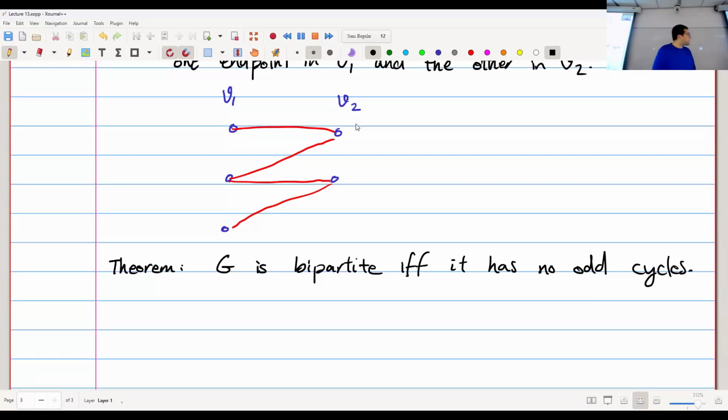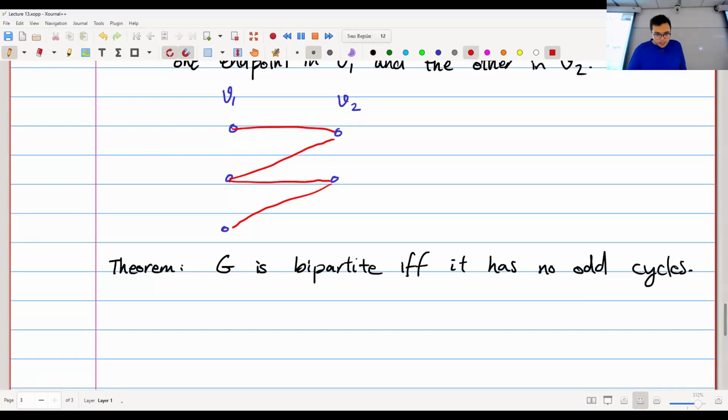If you look at this graph here, I actually drew a graph that has no cycles at all. So it's bipartite, which by the way means that all of the trees are definitely bipartite, right? Because a tree is a graph that has no cycle. And I'm saying a graph G is bipartite if and only if it has no odd cycles. So I'm even allowing even cycles.